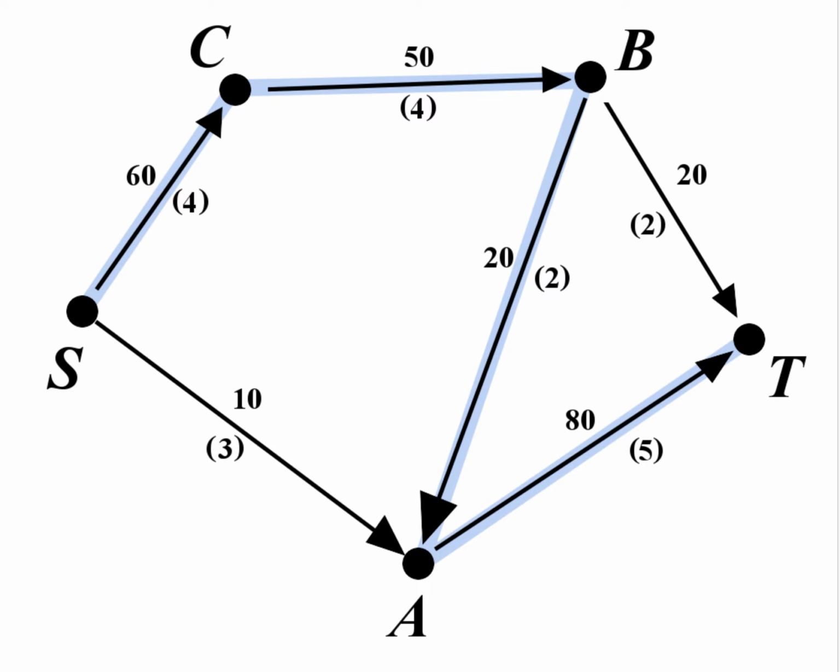We can send more snails just along this path. Each edge on this path, actually every edge on the graph, but now we are concentrating on the edges on this blue path, has a residual capacity.